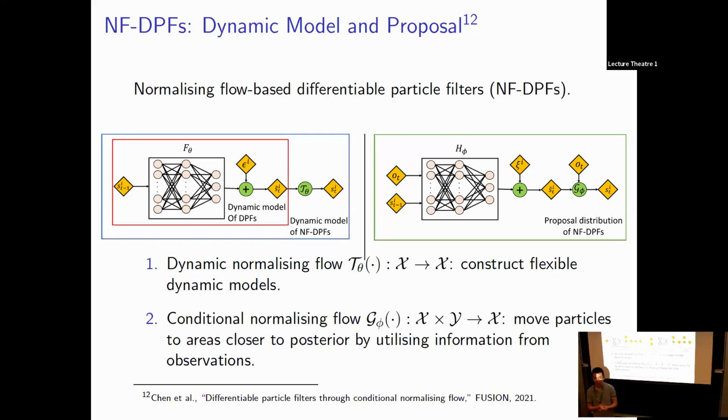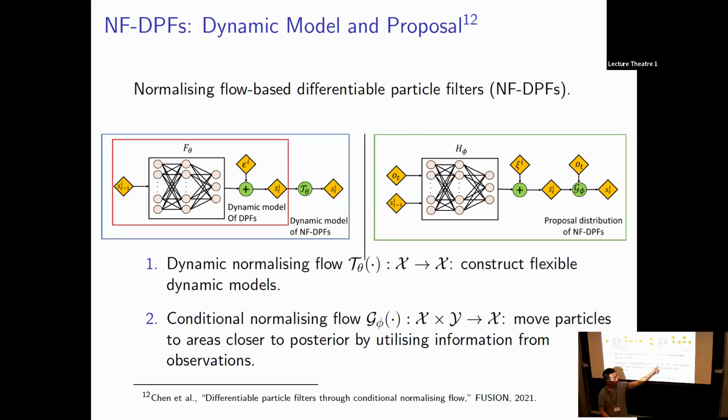And that really raises a question: how can we use normalizing flow? Well, by no means is this the only approach, but can we also use normalizing flow to construct the conditional likelihood? Because just now, as we saw in the previous example, the output of that conditional likelihood is a scalar.